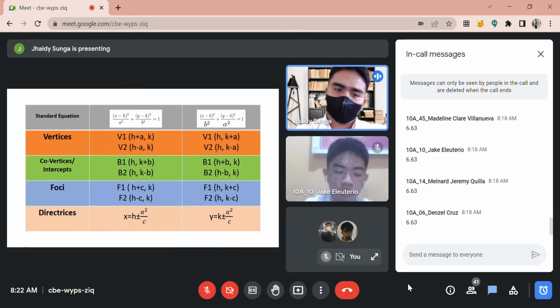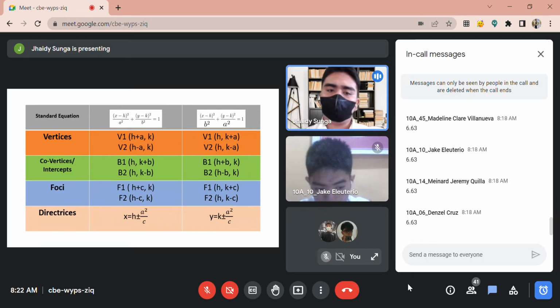I prepared this table for you to help you graph. Your vertices always depend on the center, h and k.